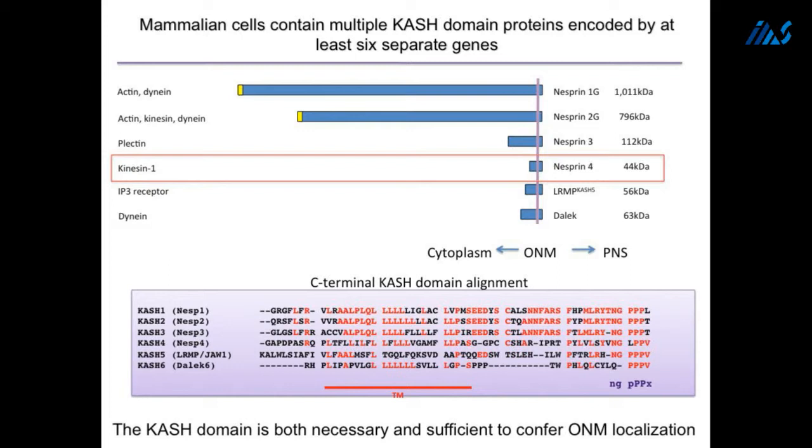Now the first one that we focused on is this protein nesprin 4, which we identified maybe 4 years ago. And we did this just by homology with the nesprin 2 KASH domain. We basically went searching in the computer for something that looks vaguely like this sequence, and indeed we came up with this somewhat degenerate looking KASH domain, which we subsequently found was attached to this protein nesprin 4.